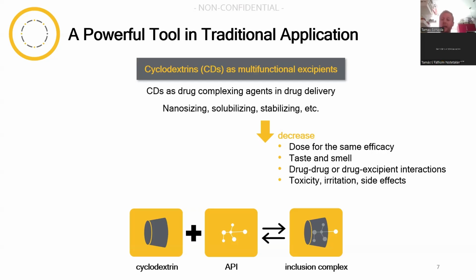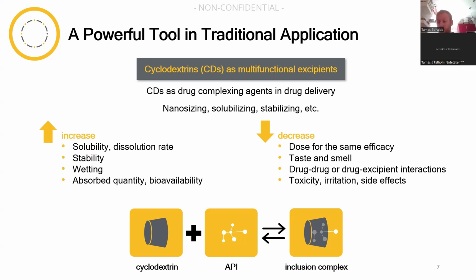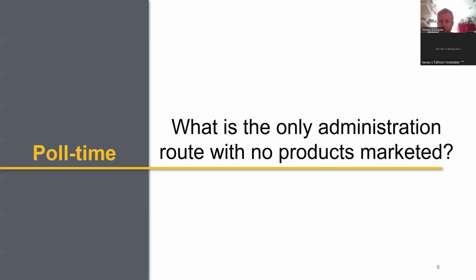We can reduce the taste, the smell, or even interactions and side effects. We can lower the dose in some cases because, by helping solubilization, cyclodextrins can also improve bioavailability and stability. But about these, we'll go into details soon.